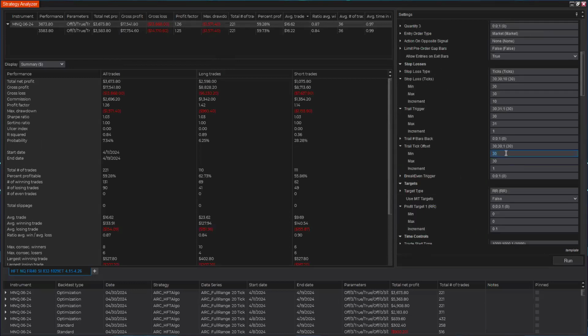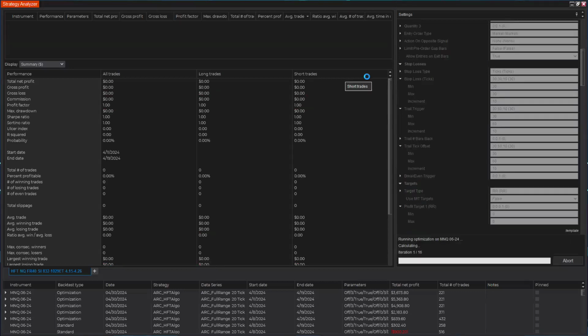Let's look at going a little bigger though on the trigger. Let's go 30 to 60 by 10, and we'll do the same thing here. Let's see if we get anything better doing it that way. Give ourselves a little more breathing room on the trail stop.